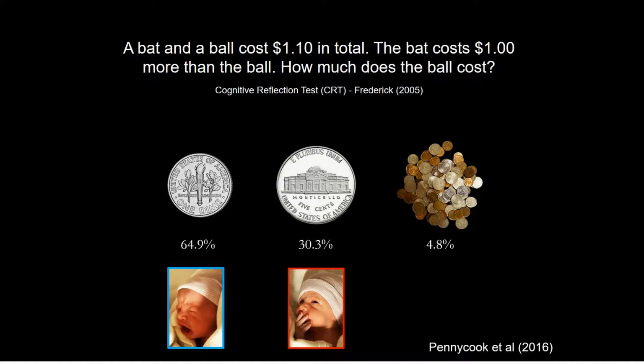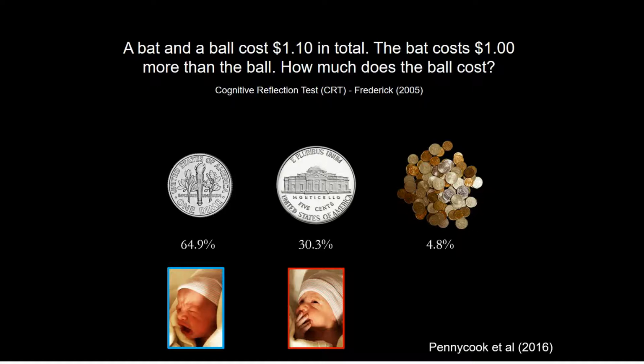And so what this test measures is the extent to which people go with that first response and are just like, yeah, okay, great, 10 cents, versus saying, let me stop and think about it. And there's a lot of evidence that this is a stable individual difference, that people vary in their willingness to stop and think about it versus just going with their first response. And there's a lot of work showing that this correlates with all kinds of interesting things.